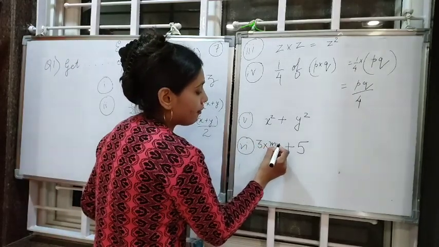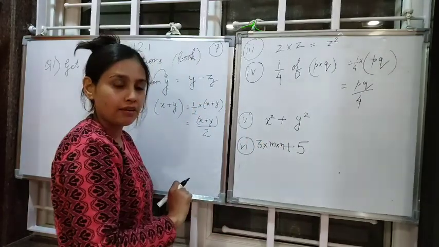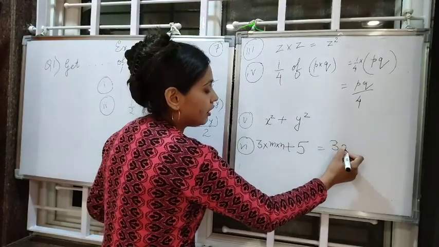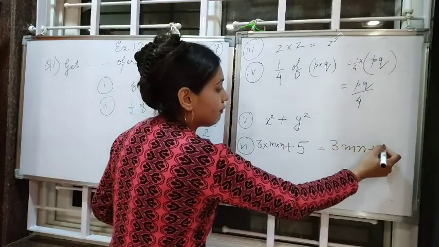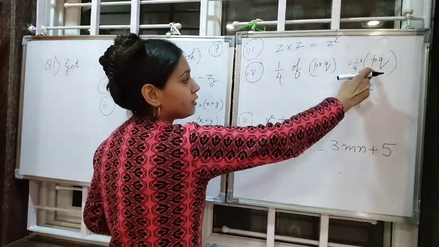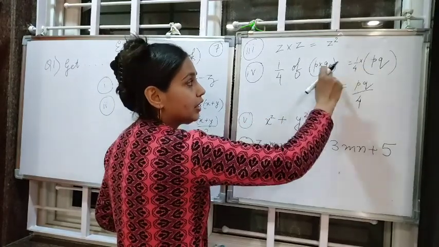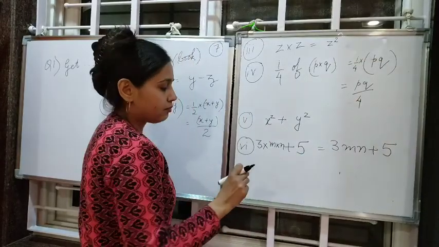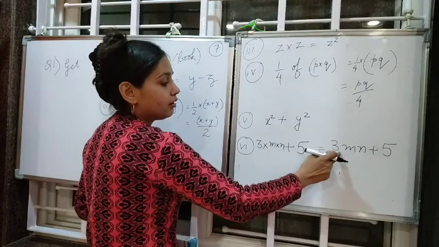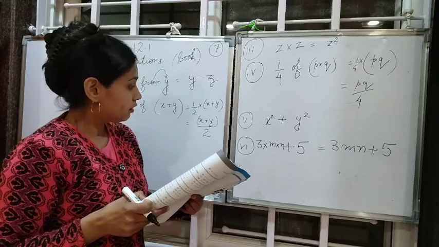So product of m and n means m into n, right? So m into n gives us mn. Now 3 into m into n gives us 3mn plus 5. Whenever we multiply, the product, whatever we write as product, we write both the numbers together. Similarly, m into n, mn. 3 into mn, 3mn. Okay. This is the sixth one.